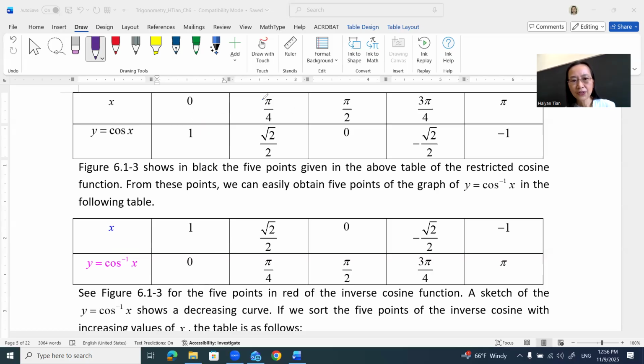If this pair is an ordered pair on the original function, then the reverse pair must be an ordered pair on its inverse. So we simply reverse the values for each ordered pair of the original function, and then we can find points for the inverse function.